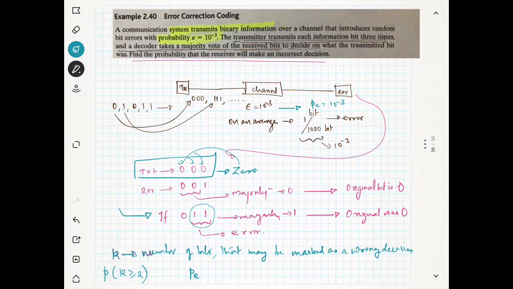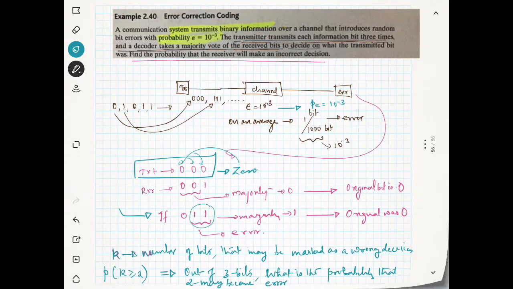Out of the 3 bits, what is the probability that 2 may become erroneous?